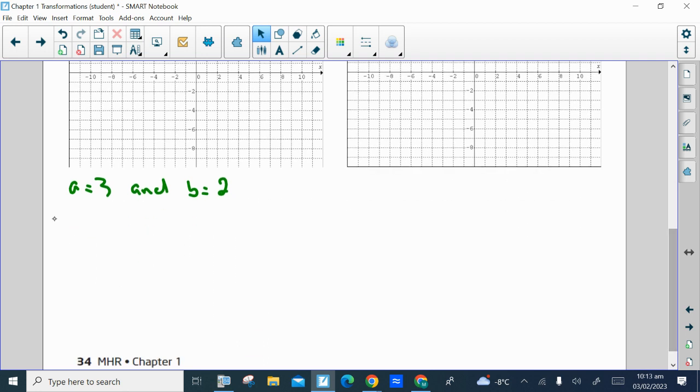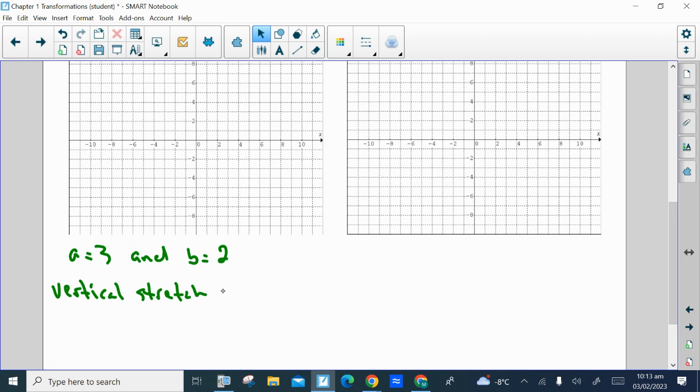First, an a value of 3 means that we will have a vertical stretch about the x-axis by a factor of 3.